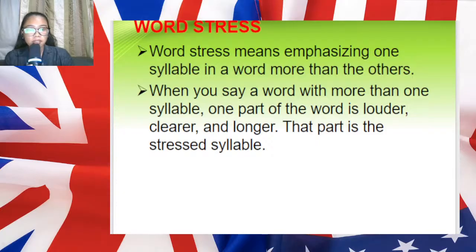Okay? So here's the thing. This stress isn't just an extra detail. It's really important. It's foundational. It's not something that we can ignore or skip. Word stress is essential for clear communication because it's really the base of pronunciation, and pronunciation is really important in understanding one another, right?